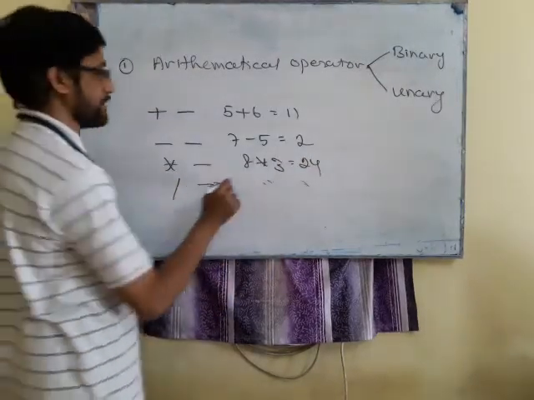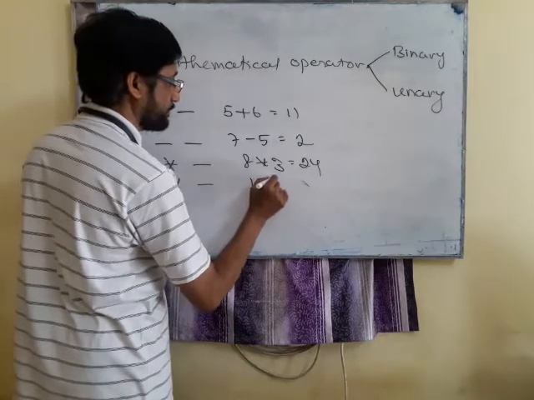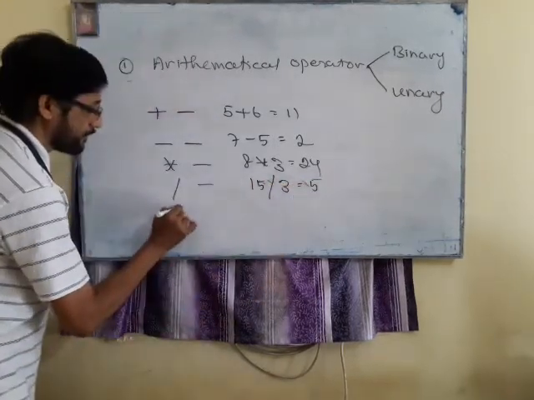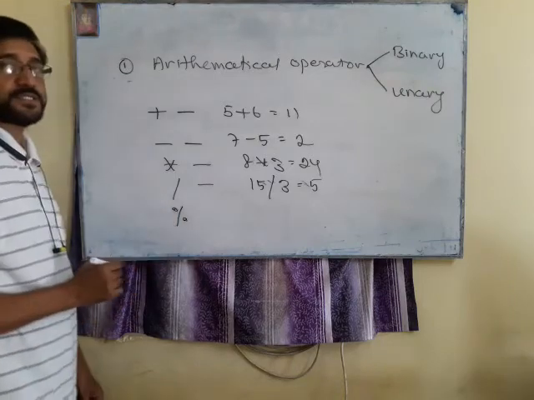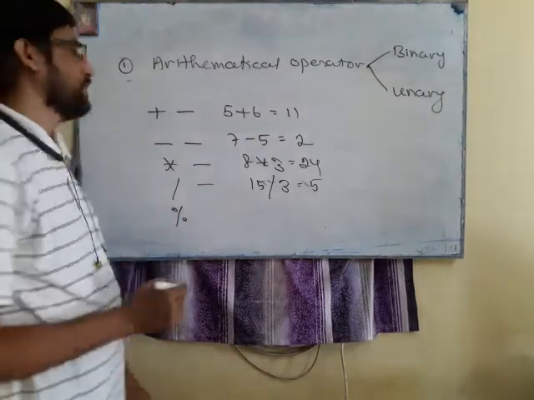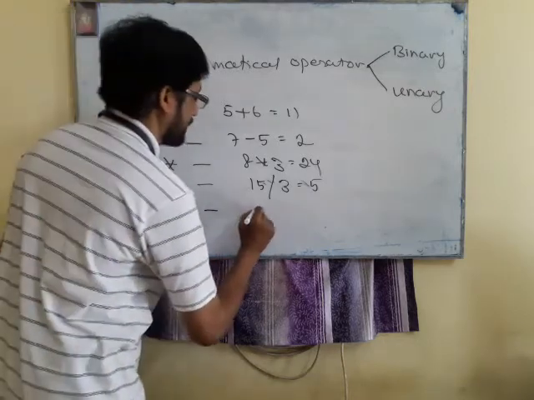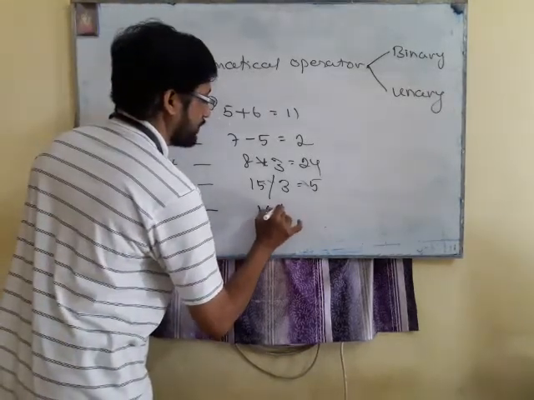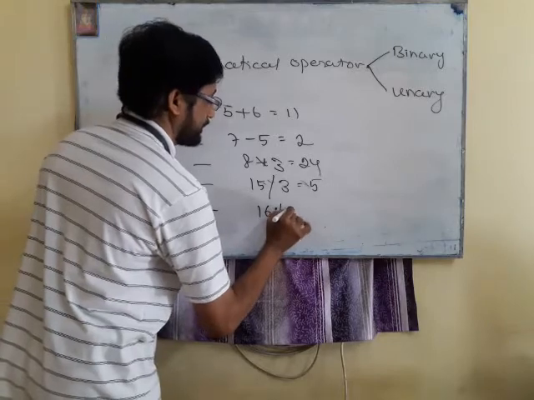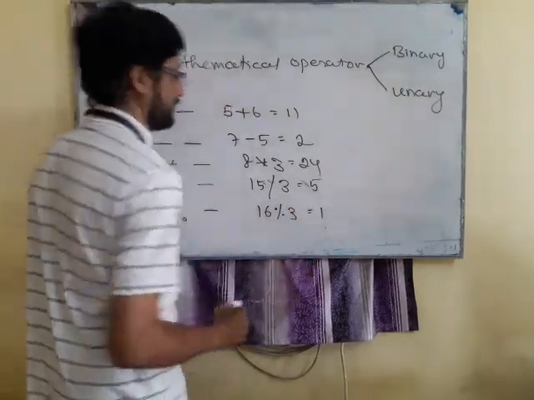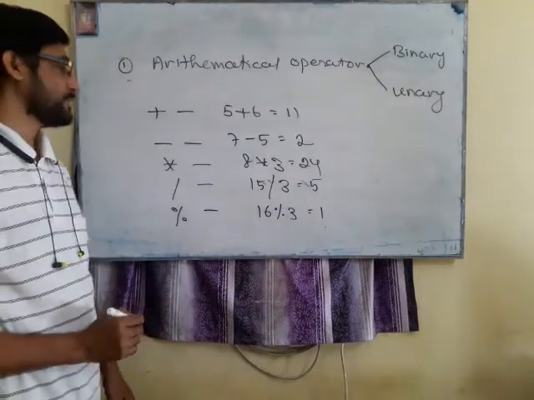Slash for division, 15 divided by 3 is equal to 5. Then another operator is known as the modular operator. The percentage sign is used as the modular operator. It is used to find the remainder. So 16 divided by 3, the remainder is 1. 3 fives are 15 and the remainder is 1.